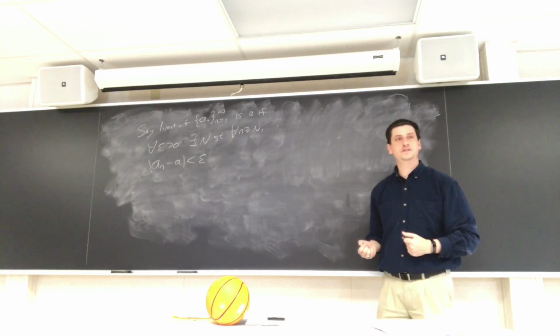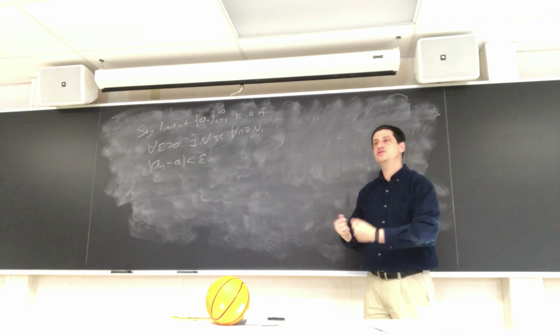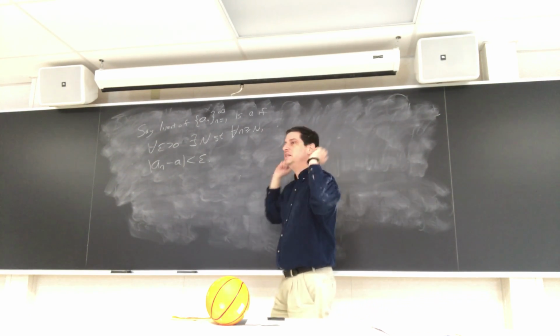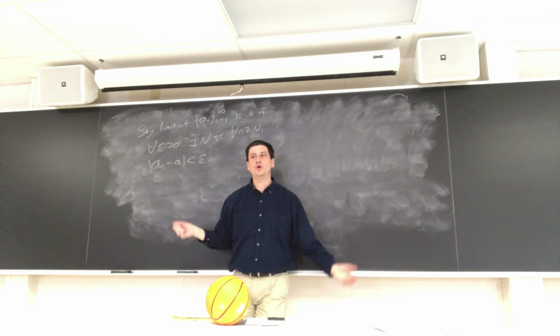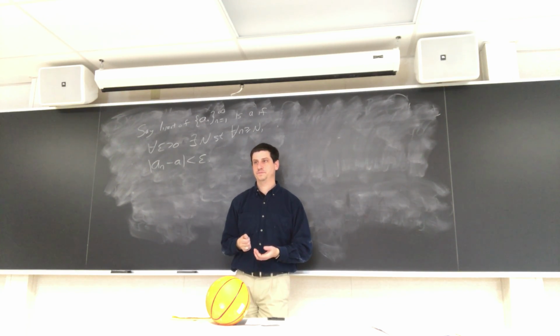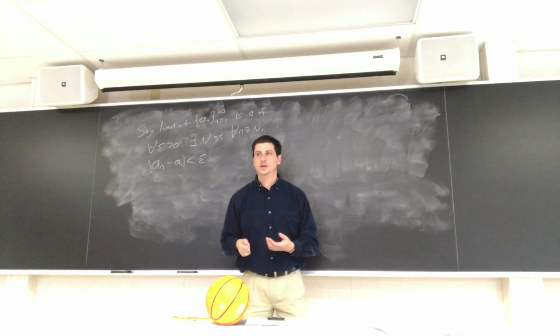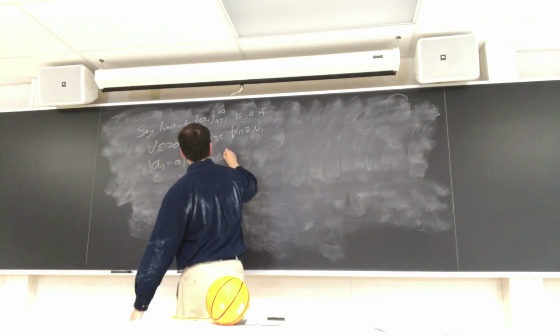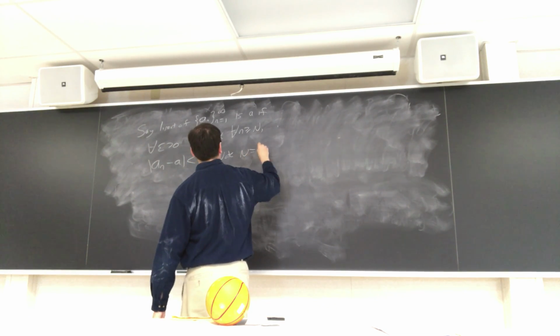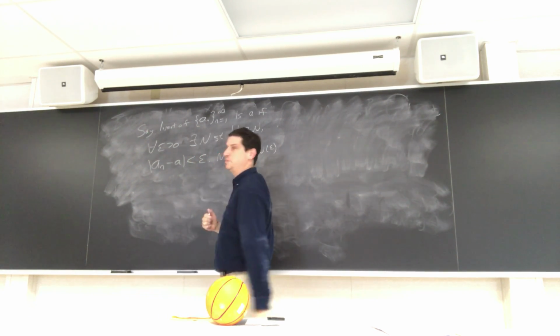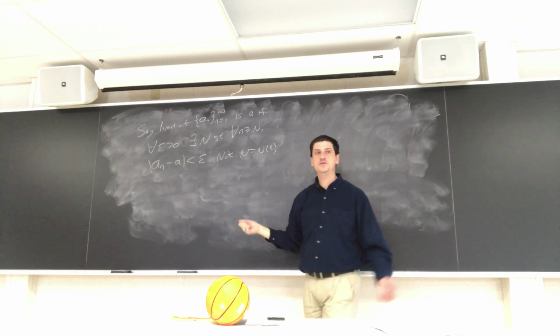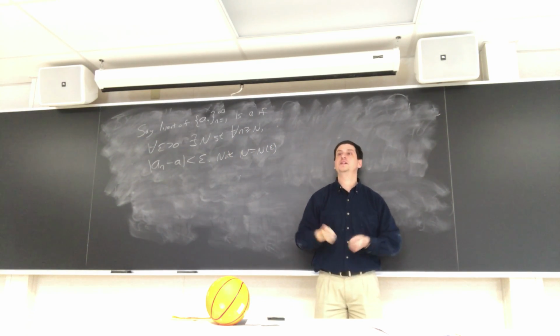You choose a tolerance, an epsilon, and I have to choose an N such that as long as I'm at least that far down in the sequence, I will always be within your tolerance. So note that N almost surely depends on epsilon. Maybe the smaller you take epsilon, the larger N you have to choose to ensure that you are close.